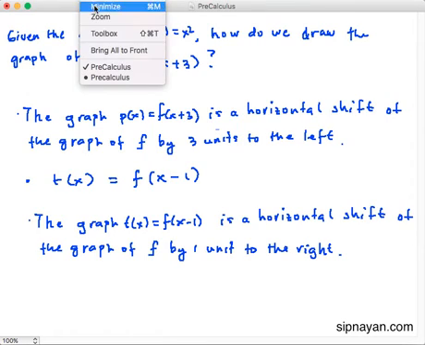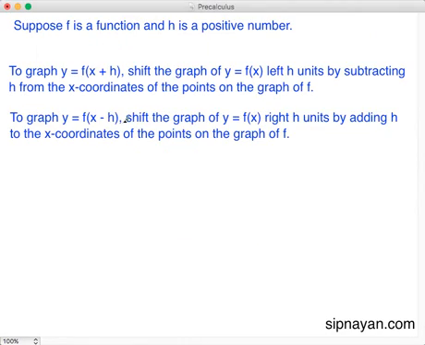With that, we have the summary. We summarize the concept. Now, suppose f is a function and h is a positive number. To graph y equals f of x plus h, shift the graph of y equals f of x left h units by subtracting h from the x coordinates of the points of the graph of f. So, naalala nyo, yung previous natin, sa y natin siya nagpa-plus siya ka nagma-minus.